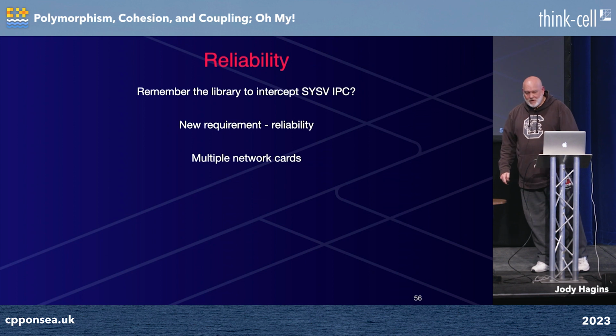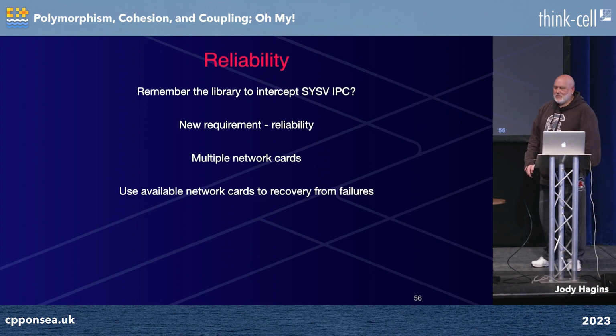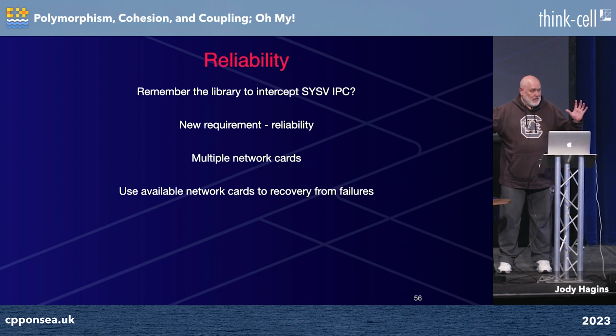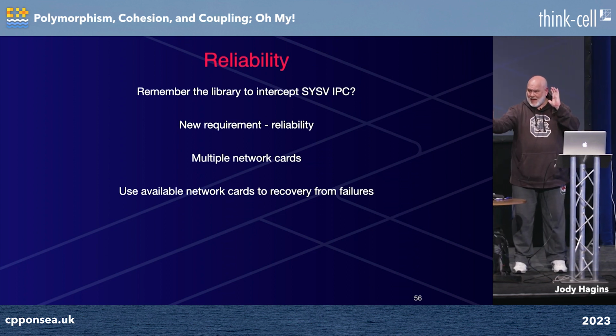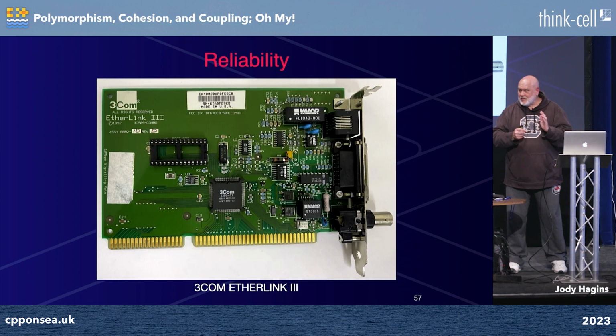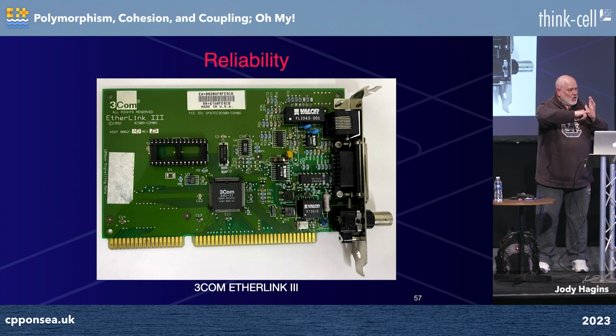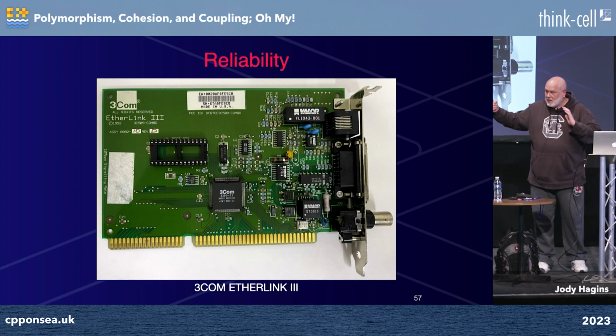And you need multiple network cards because you need to use the available network cards that you have. Back then, really, our systems were just those coax cards. You put a bunch of these Ethernet cards in there, I think we could put up to 4 of them, and then you have wired coax that connects between them all. And that was our network.